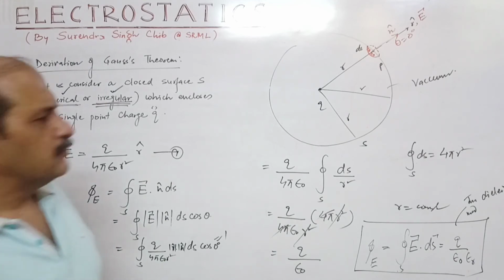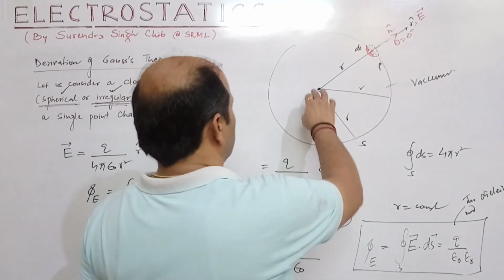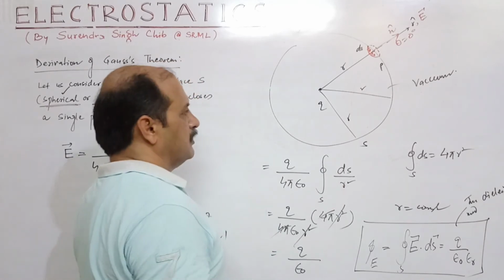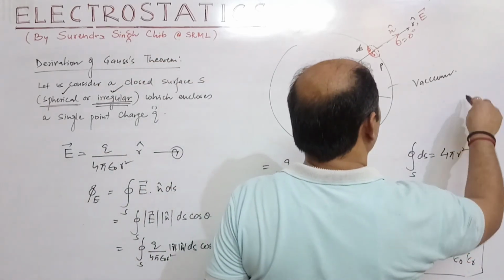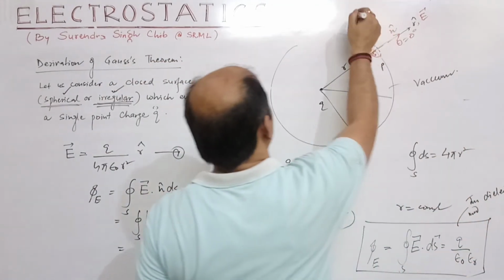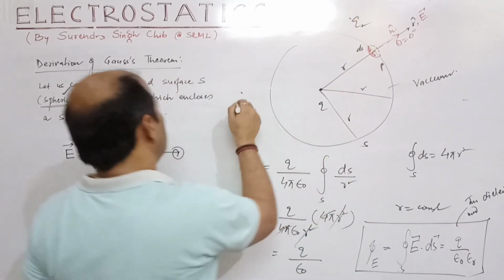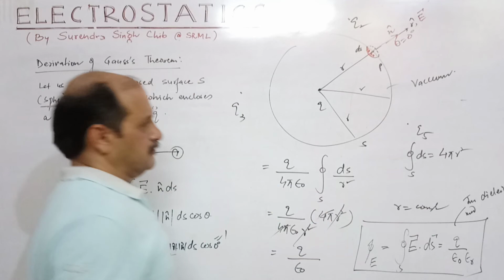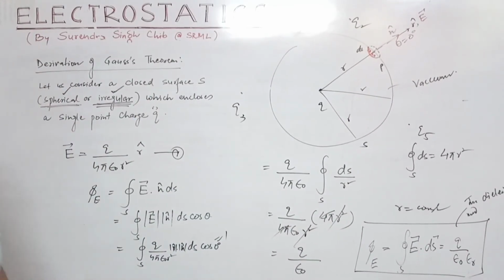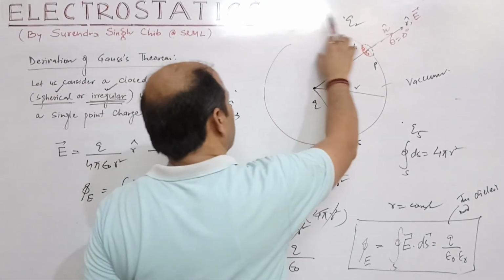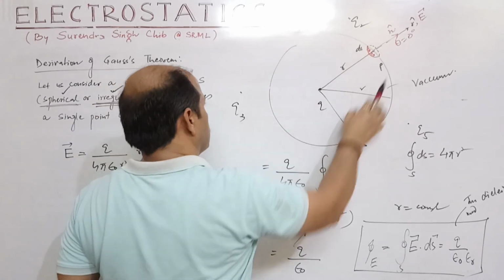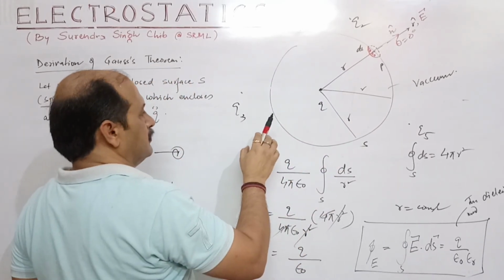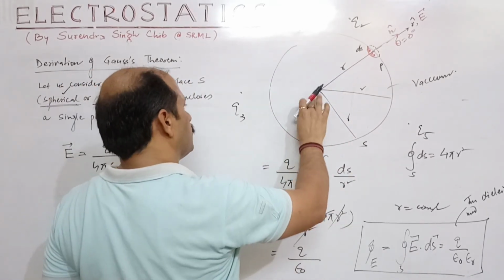Now, one thing more. The charge is inside the Gaussian surface. If some charge is here, for example q2 is here, or q3 charge is outside, or some q4 charge is outside, what is the flux through this surface? The flux remains q upon epsilon naught.